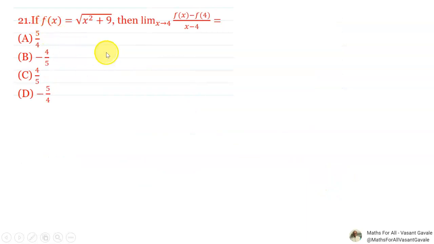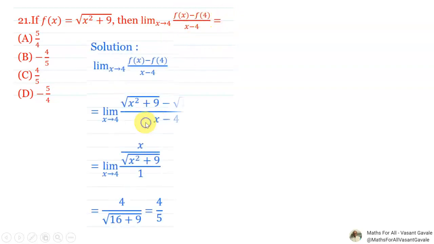Next, if f of x is equals to in root of x square plus 9, then limit x tends to 4, f of x minus f of 4 upon x minus 4. Here also we will apply L'Hospital rule. Limit x tends to 4, f of x minus f of 4 upon x minus 4. Substitute the values. Okay, then you will get here x is replaced by 4. That is 16 plus 9.